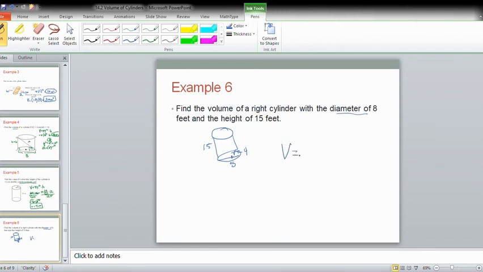So volume is equal to pi r squared times 15, which gives me 16 times 15, which is 240 pi feet cubed. And we're done.